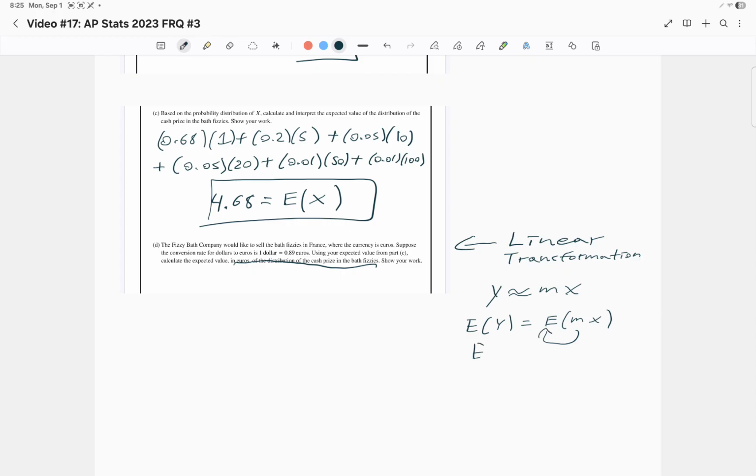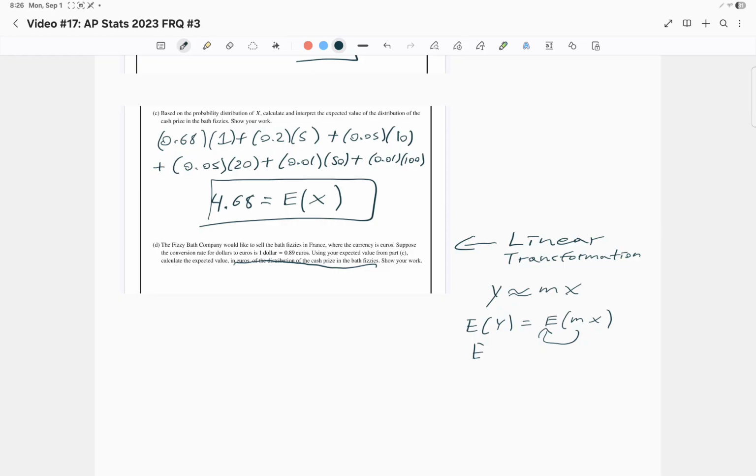When we take the mean, we're just multiplying every X value by m, which means we could just pull out that m. When you calculate the mean, you're adding up every value and dividing by the total number of values. When you multiply every value by a constant, you could just pull out that constant.